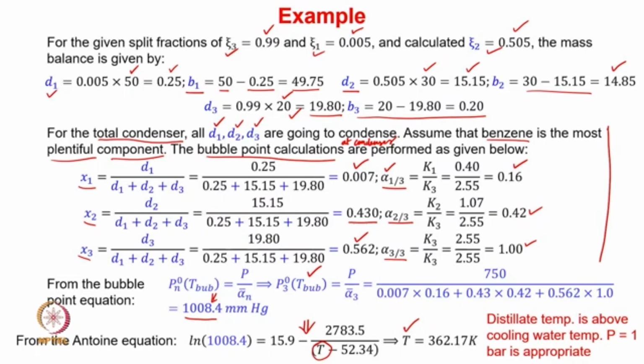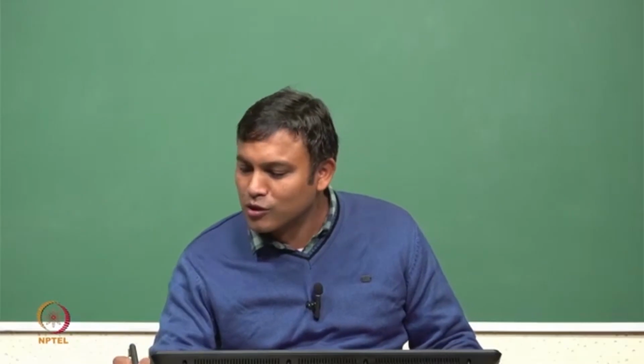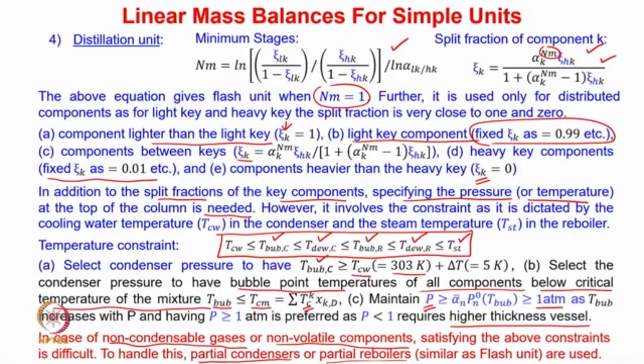So you can see now this particular temperature, 362.17, is greater than the cooling water temperature. Remember, what is the cooling water temperature we need to maintain? The bubble point temperature should be roughly greater than or equal to 310 Kelvin.